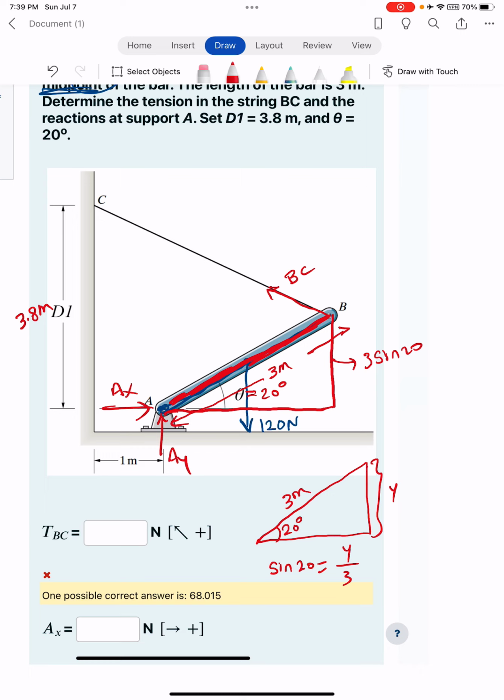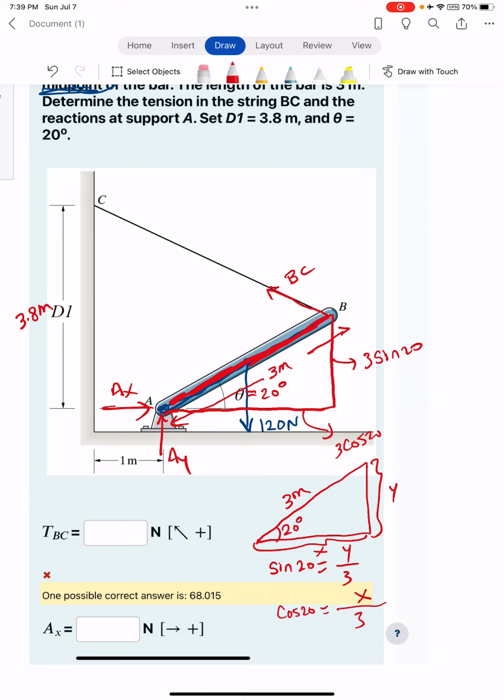How about if you want to call this one x, and for the x is cosine 20, and that is x over 3. So this is 3 cosine 20. Okay, so let's find out cosine 20 and sine 20 and put the numbers.